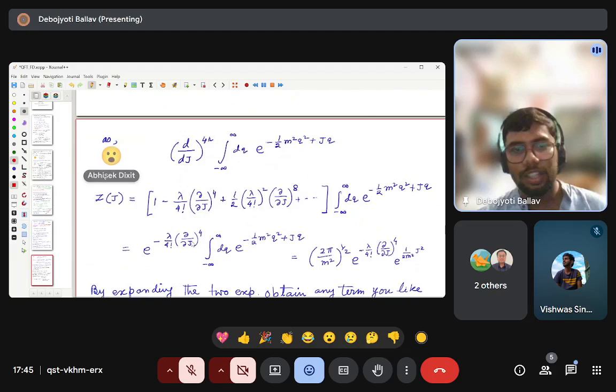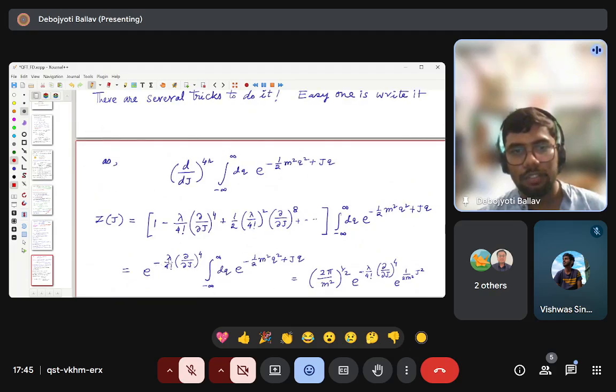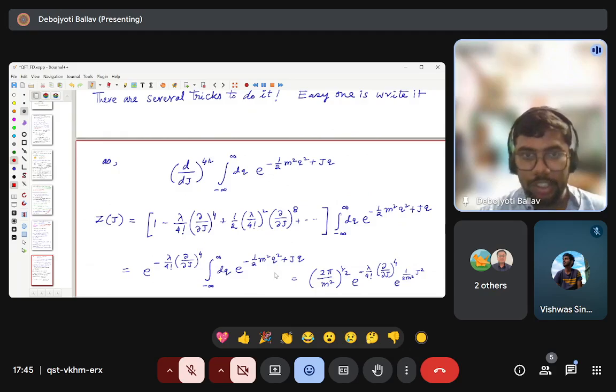This series is nothing but exponential of lambda by 4 factorial del j to the 4th. Now that will act on this integral. So this is an operator, exponentiation of some operator del j to the 4th, the 4th order operator. But this integral you can readily do. This integral is 2 pi by m square whole to the half, e to the 1 by 2m square j square.